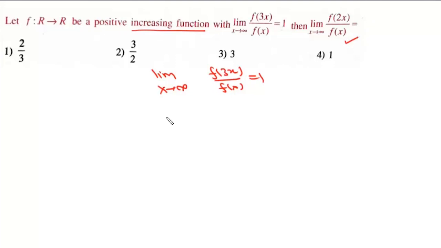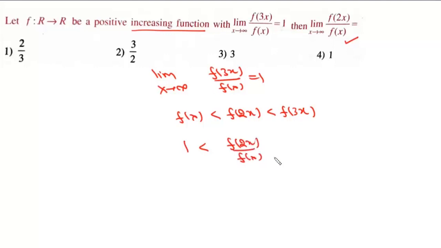Now since fx is a positive increasing function, then we know that fx will be less than f2x and will be less than f3x. Now we divide everything by fx. We can write 1 is less than f2x upon fx and will be less than f3x upon fx.